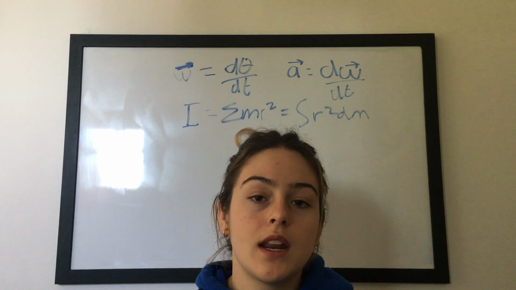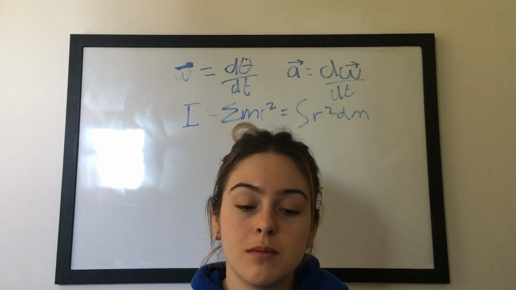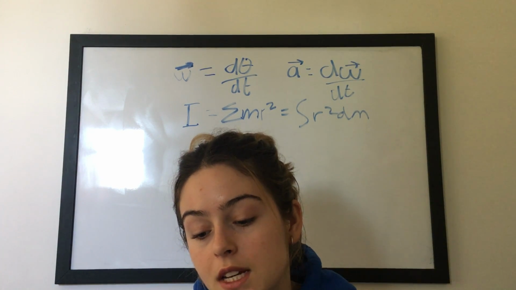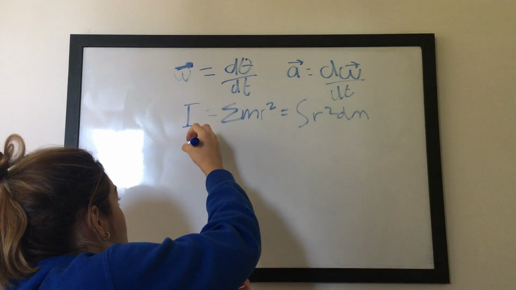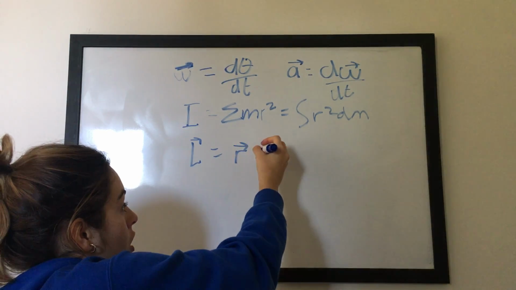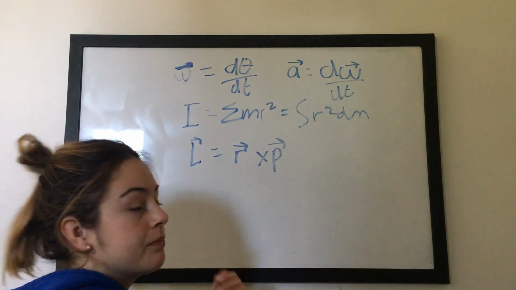And next I'm going to go ahead and talk about angular momentum. So angular momentum is a vector that describes how difficult it is to stop a rotating object. It is denoted by the following symbol. A common formula for it is the cross product between r, the radius, and p, the momentum.